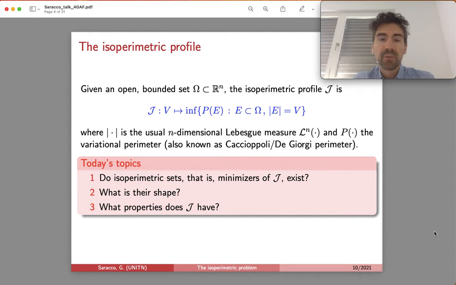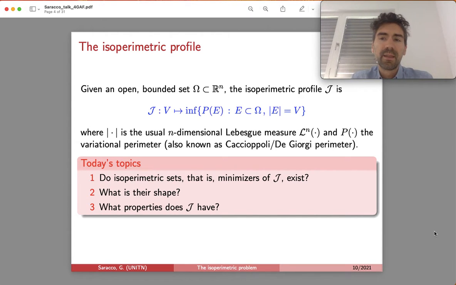That is, I'm looking at the infimum of the perimeter of E among all subsets of omega whose volume is given by V. Now, by volume or mass, I mean the usual n-dimensional Lebesgue measure, and by perimeter, I mean the variational perimeter, which is also known as distributional or Caccioppoli or De Giorgi perimeter.